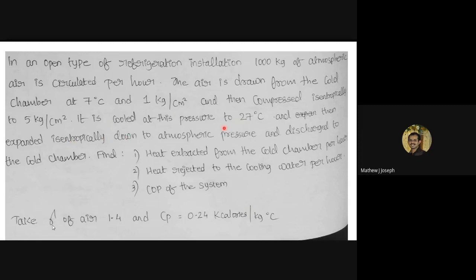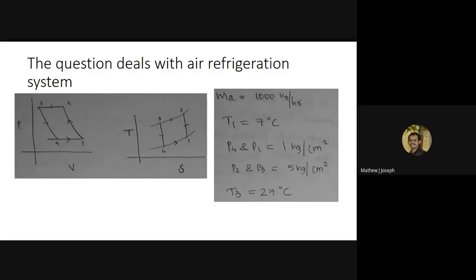So which will be this 27 degrees Celsius? After attaining the higher pressure of 5 kilogram per centimeter square, that is P2 and P3, at point 2, it is cooled at constant pressure, that is, heat rejection is happening from 2 to 3, constant pressure heat rejection.